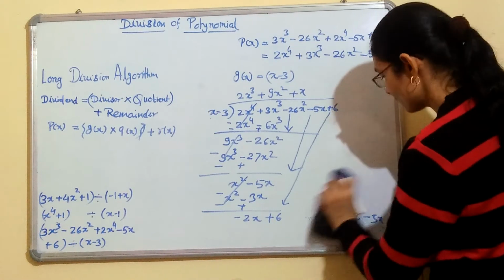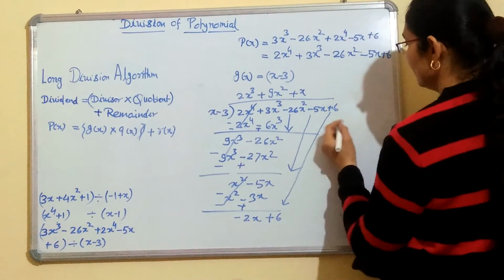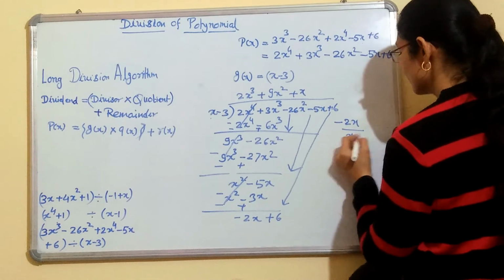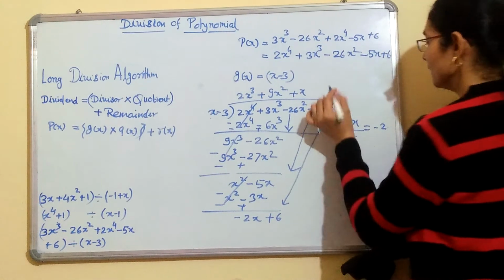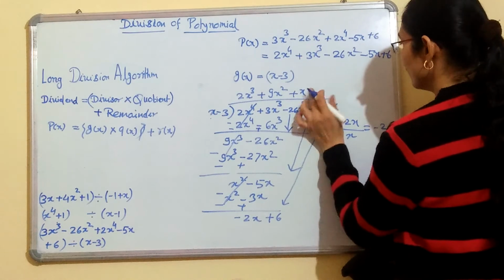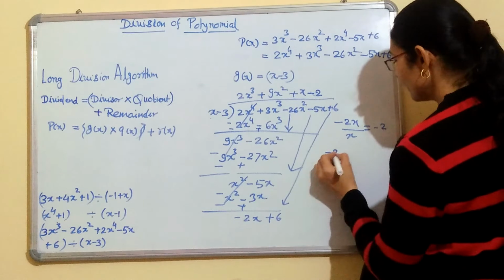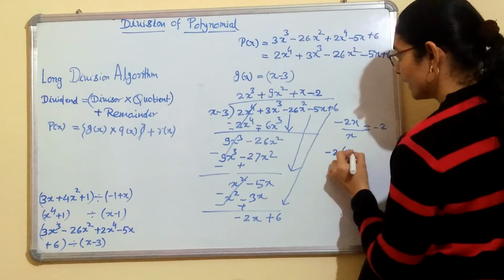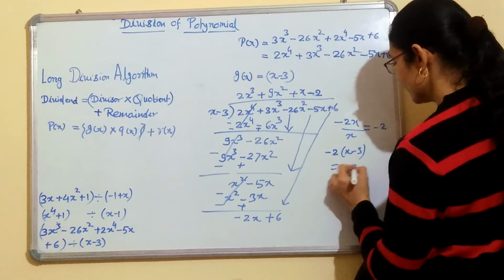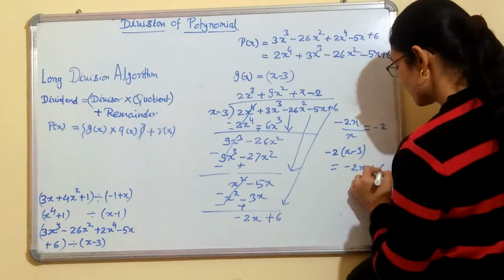So minus 2x, this is the first term of the dividend, divided by the first term of the divisor, we get minus 2. This is the next term of the quotient. Now multiply this term with the divisor, we get minus 2x plus 6.